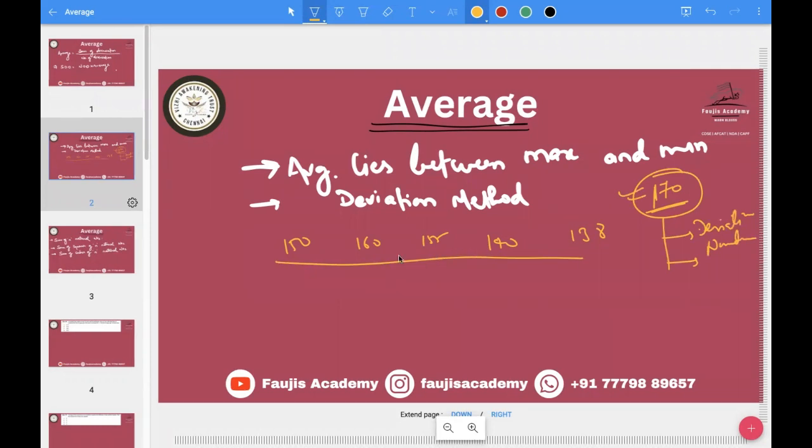So how much is the deviation? If you pick up, let's say, some number like 155, how much will be the deviation over here? -5. Deviation over here is +5. Deviation over here is 0. Deviation over here is -15. Over here is how much? -17. Yes, -17.